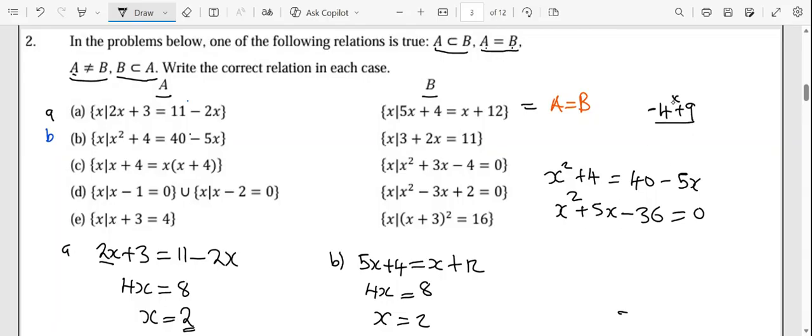Again, when we multiply these two, they give us what? 36. So good. What we do is x squared, we bring it the way it is, minus 4x, then plus 9x. You have seen that these two together make 5x. There's nothing we have changed. Then minus 36 is equal to 0.